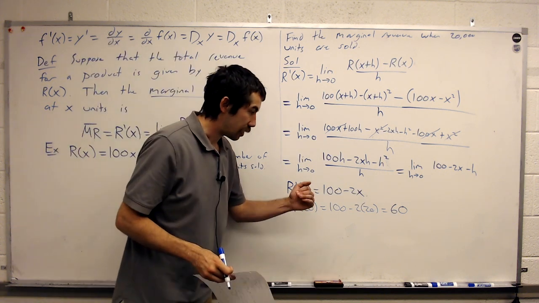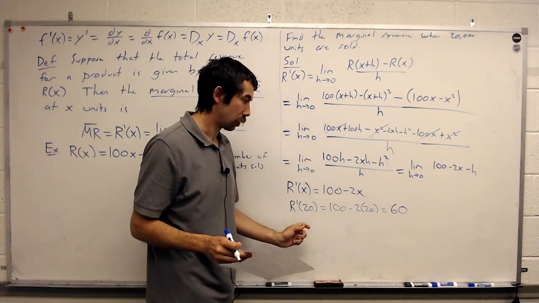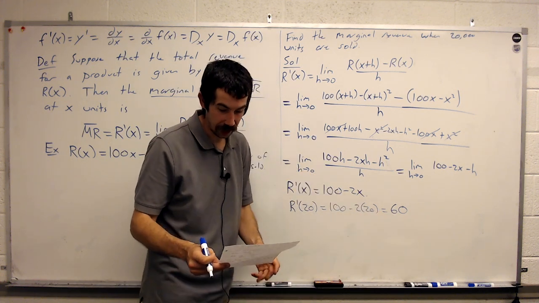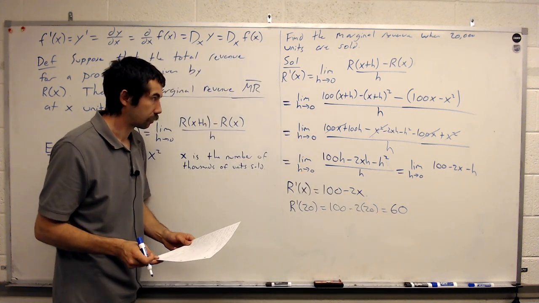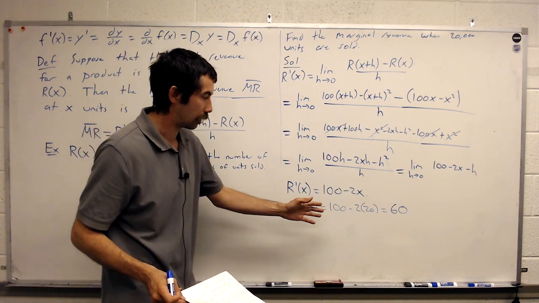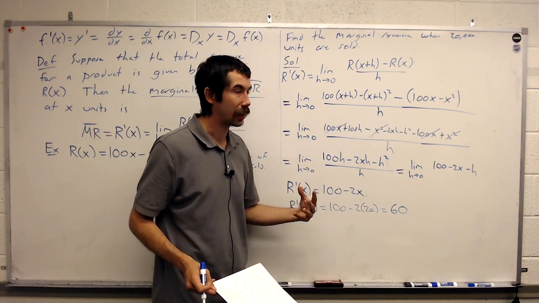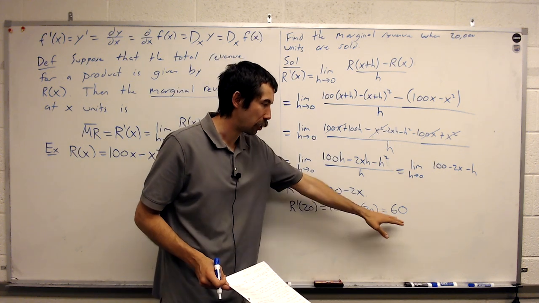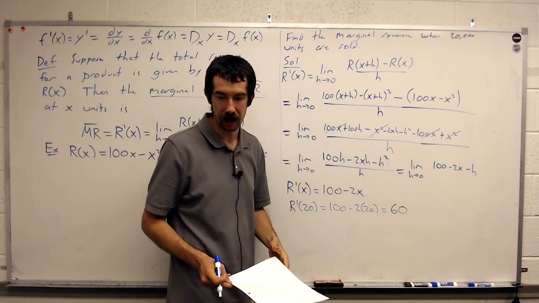So this next unit sold increases our revenue by $60,000. That's how we interpret it. This next unit sold, going from the 20,000th to the 20,001st, increases our revenue by 60 units, which is $60,000 in our case.